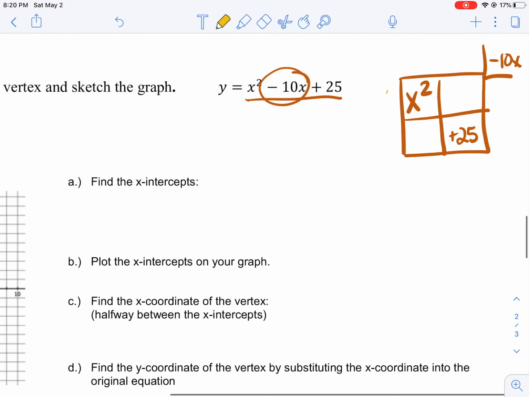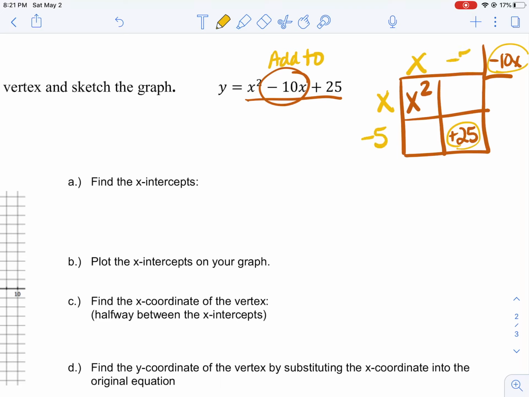So x times x is x squared, and then we have to see what multiplies to 25 but adds to negative 10. So let's try negative 5 and negative 5. So we fill in our boxes here.